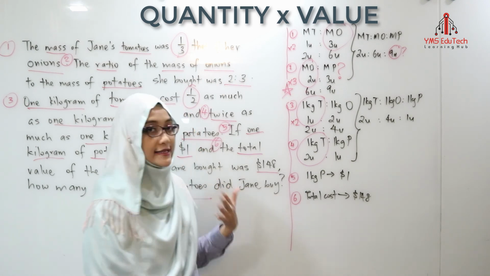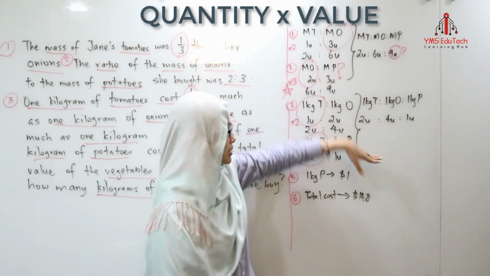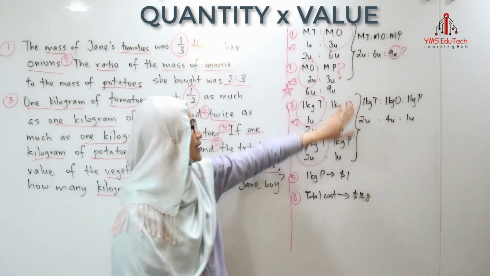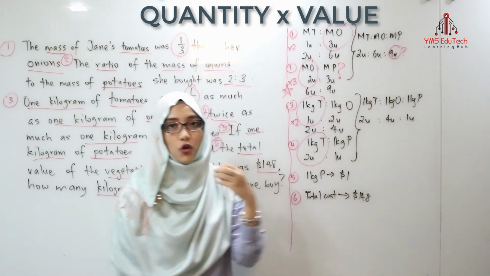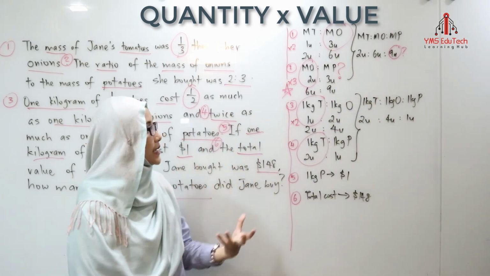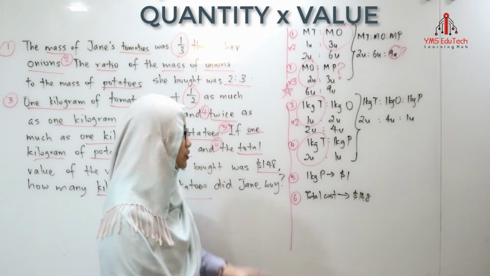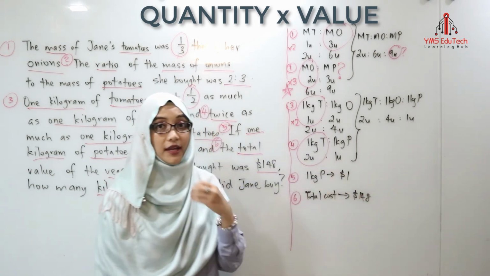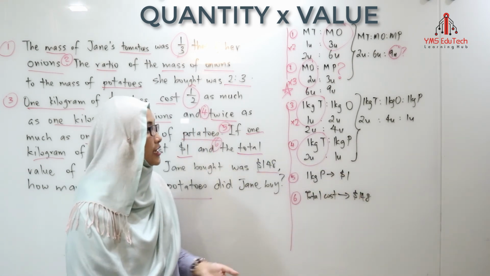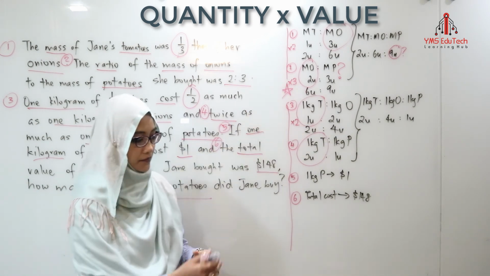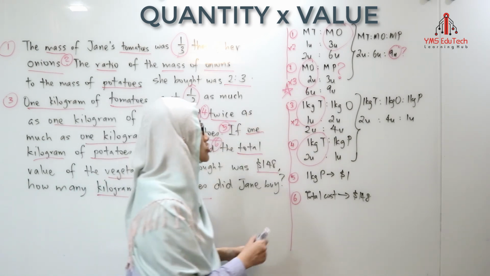This is the actual cost of potatoes in dollars, right? So now I need to relate these two pieces of information. This is the mass or the quantity of tomatoes, onions, and potatoes. This is the value in terms of units. So I need to relate these two by multiplying them together.